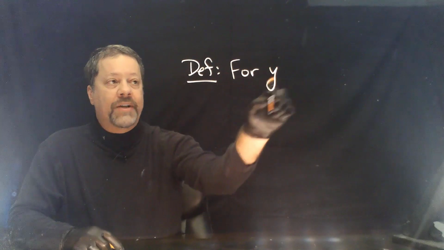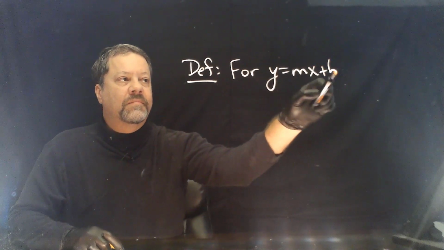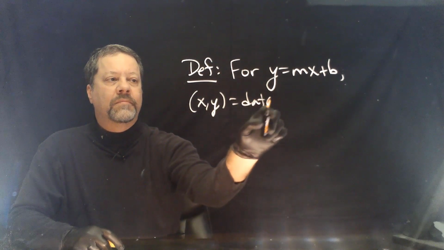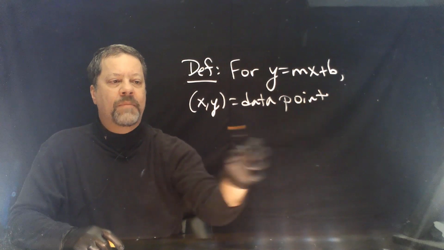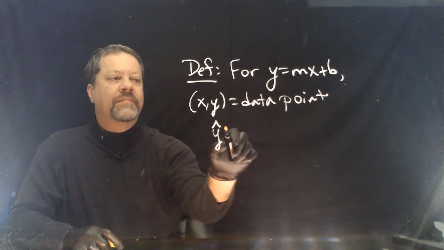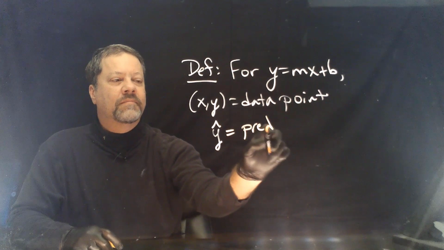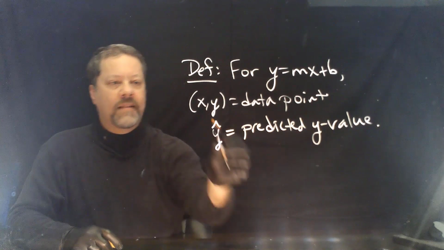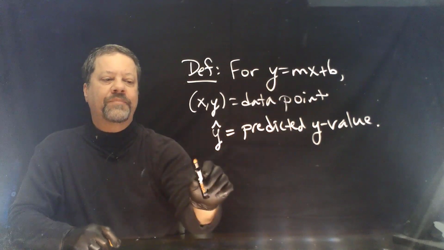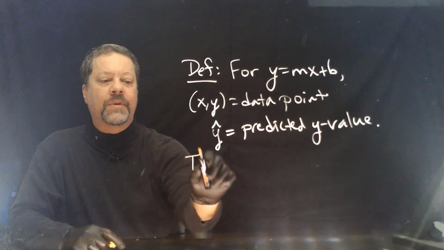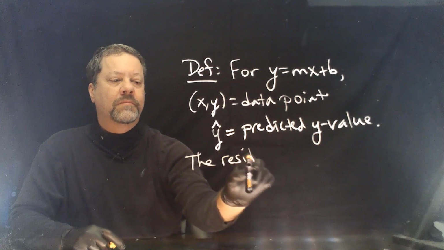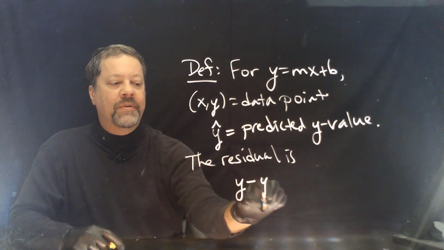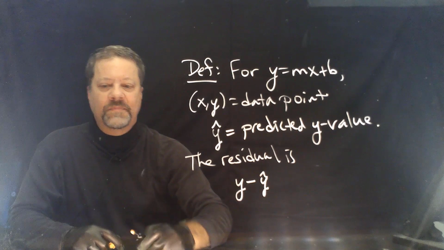For a line of regression, we'll have data points but we'll also have this predicted y. That's what you get when you plug x in up here. What we're defining here is called the residual. It's the actual data y value minus the predicted y value.